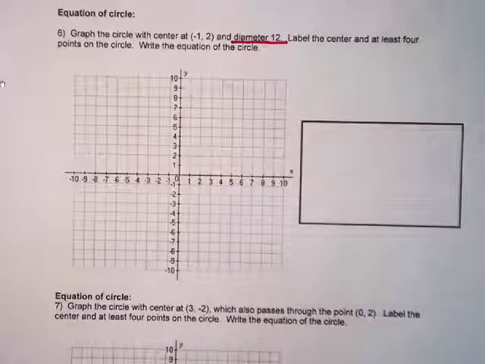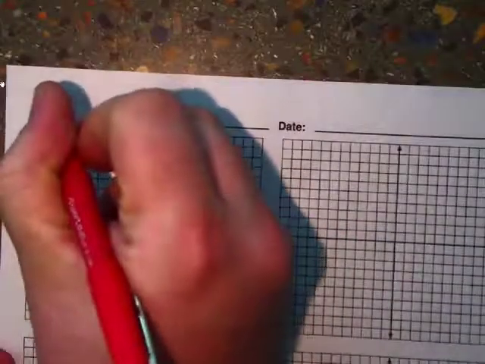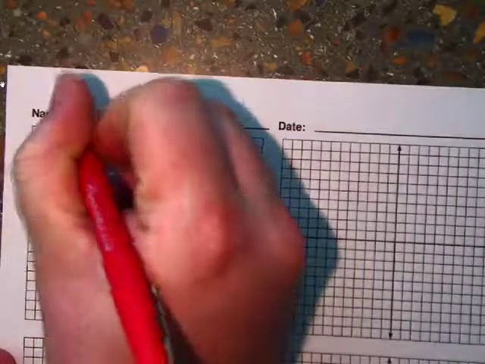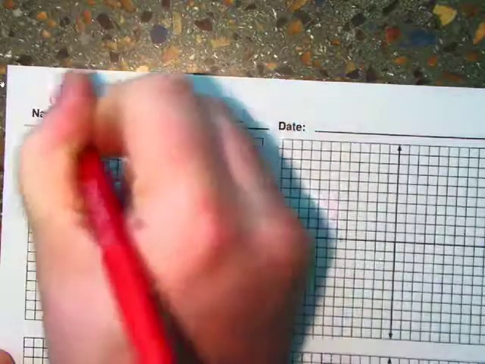Now, I don't want to go over too many more on this homework because I want you to be able to do the homework on your own, but I will come up with a problem similar. Let's say I want to graph a circle, and the center of the circle is 2, 3.